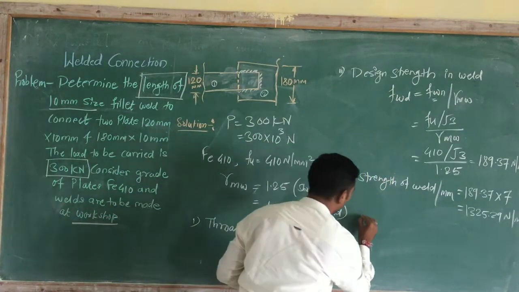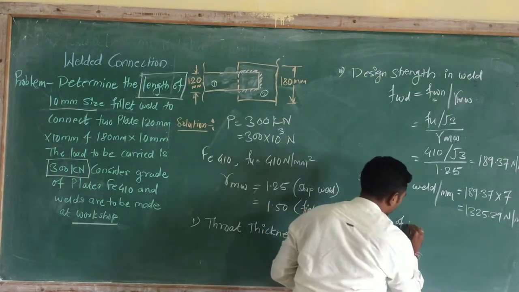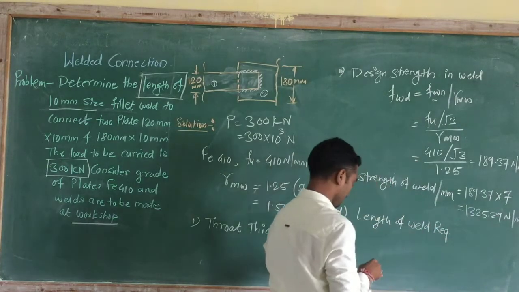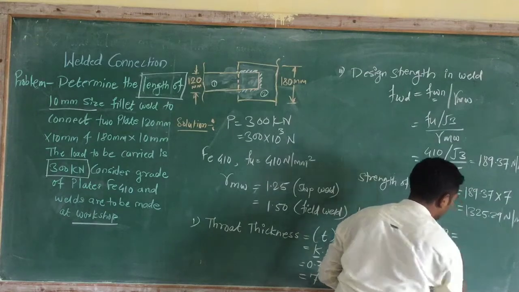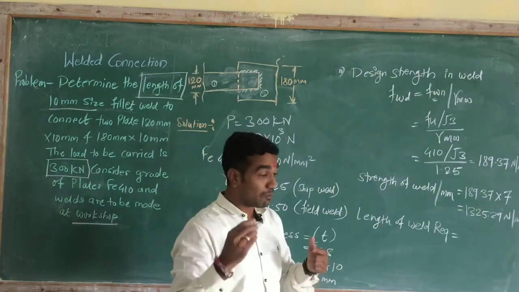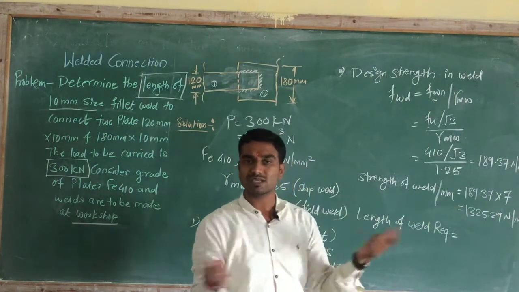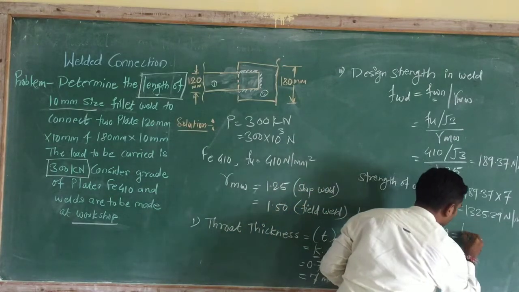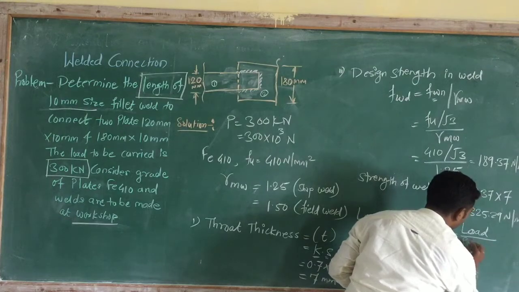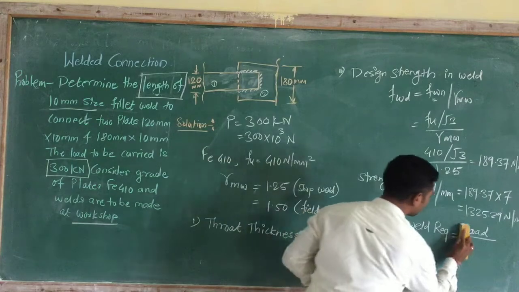Length of weld required is equal to simply how much load we have to take, 300 kilonewton, and per mm strength of the weld is 1325. Just divide. Therefore, load divided by that, or you can directly put the values.